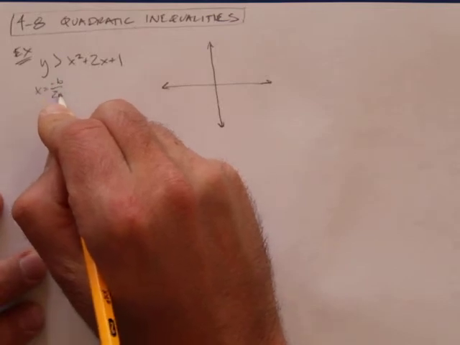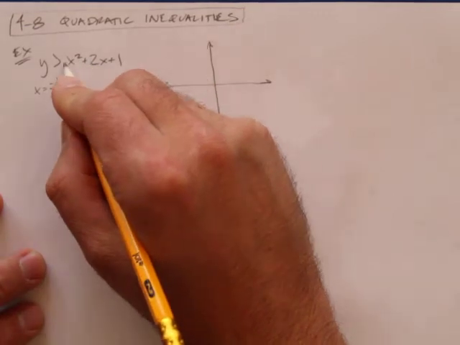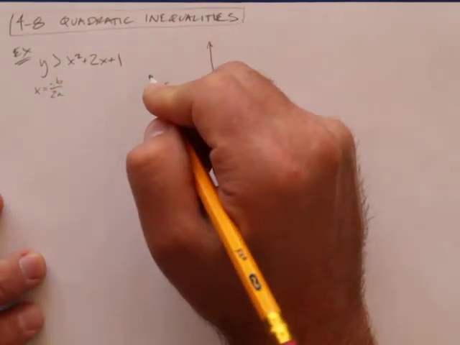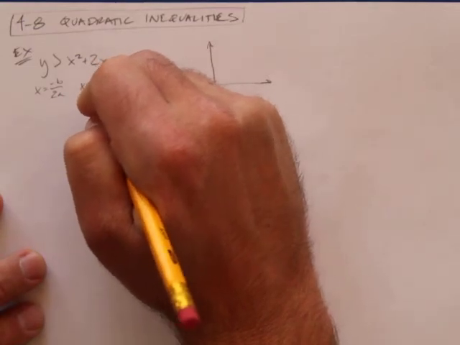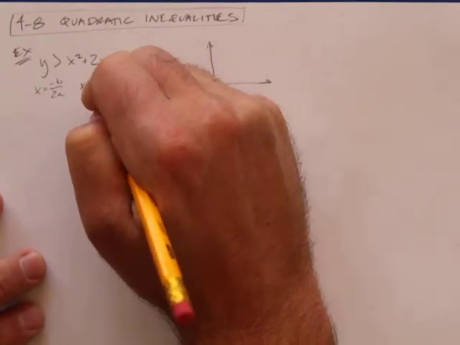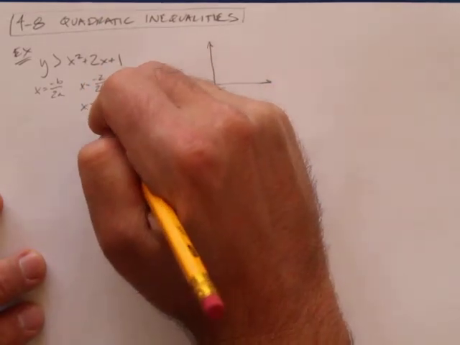X equals negative b over 2a. So 2 is my b value, 1 is my a value. So x equals negative 2 over 2 times 1, which is negative 1.